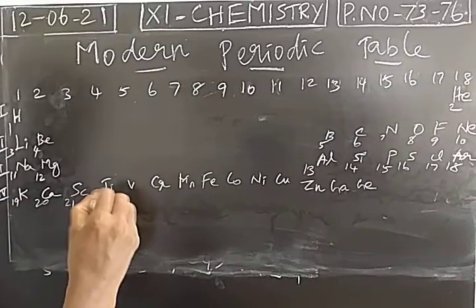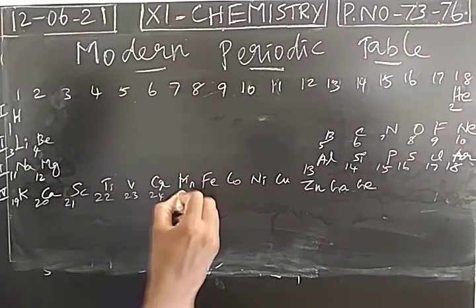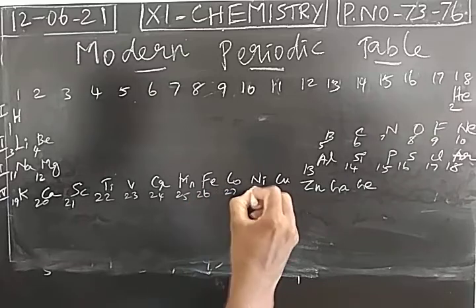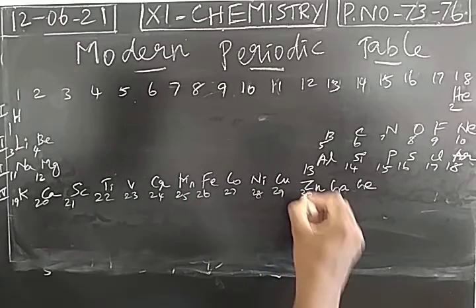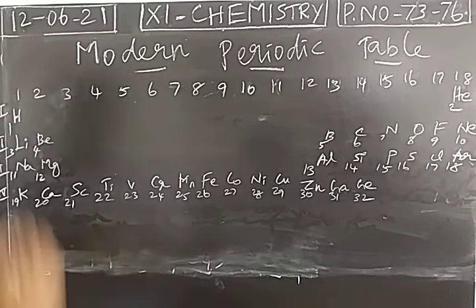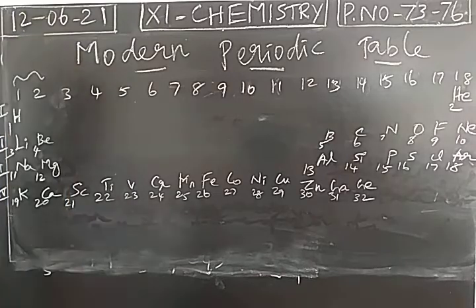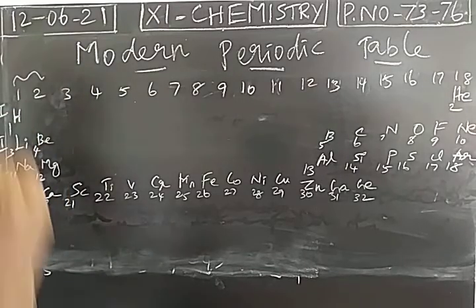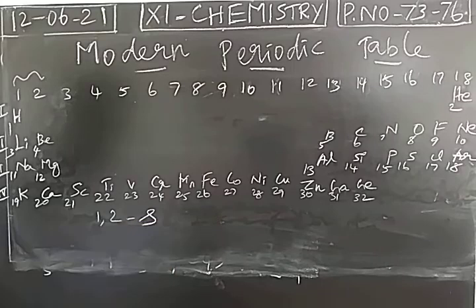In the modern periodic table, there are 4 blocks of elements. The first 2 groups of elements are called s block elements. All these will be explained later. You just remind yourself: the first 2 groups of elements are called s block elements.